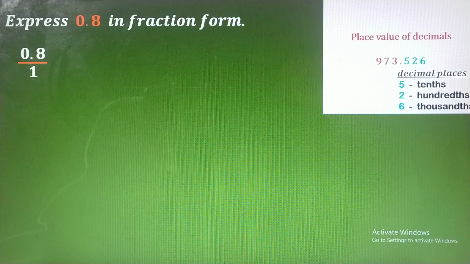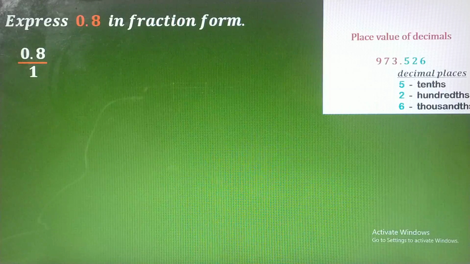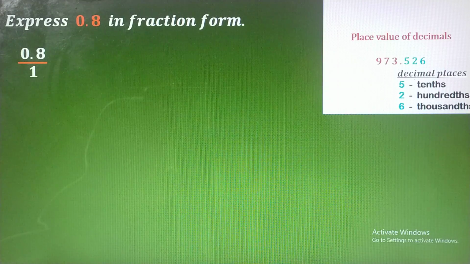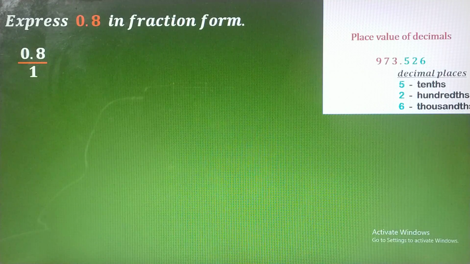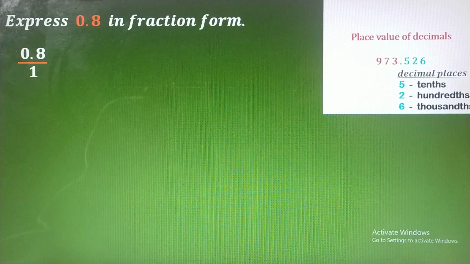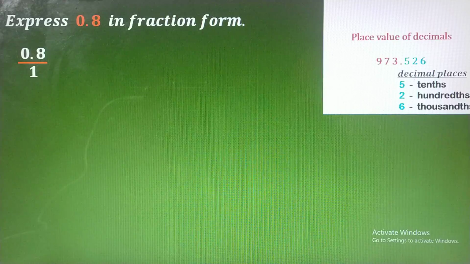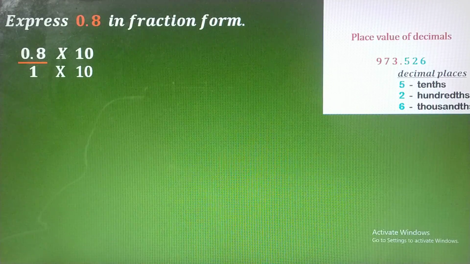Since yung 8 ay katabi ng decimal point, or siya yung pinakamalapit, same ng 5 dun sa ating place value chart, siya po ay tenths. So, dahil tenths siya, i-multiply natin yung numerator natin and our denominator by 10, kasi tenths.